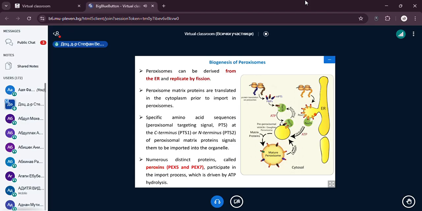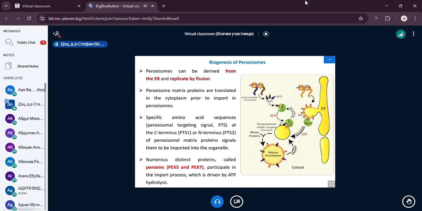These empty vesicles contain specific receptors on their surface which recognize the enzymes for peroxisomes which are produced by free ribosomes in the cytoplasm. And then actively these enzymes are delivered to peroxisomes and new peroxisomes are being formed in the cells. So these are the peroxisomes.